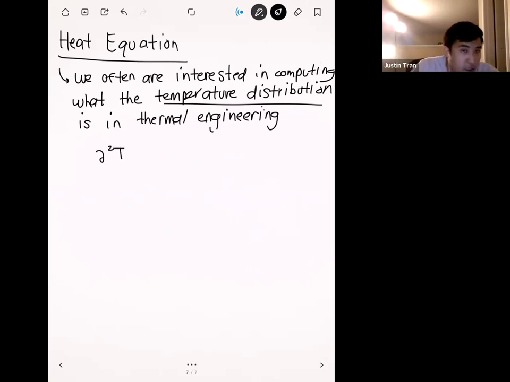If you are interested in the derivation, I think the book does a really great job of going through it. But in the interest of time and in the interest of doing an example, I'm not going to do that.